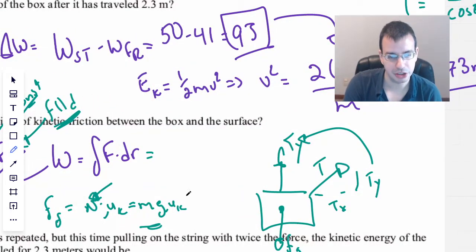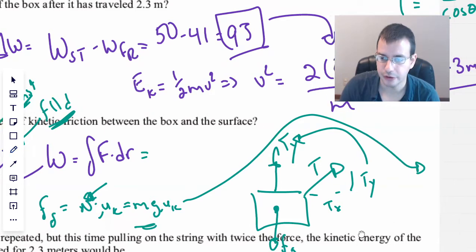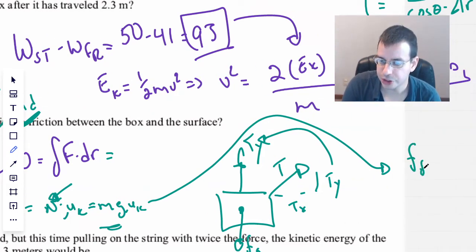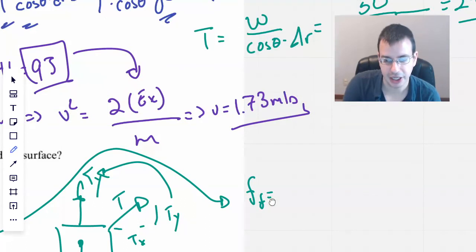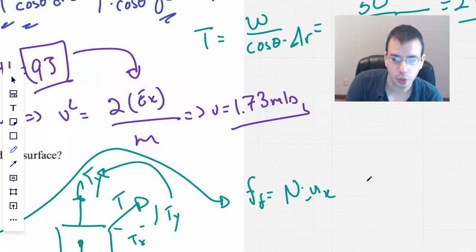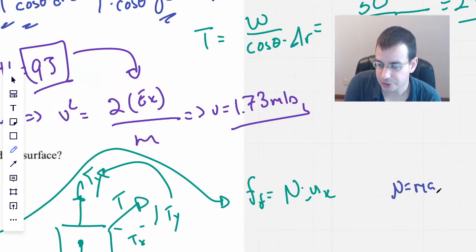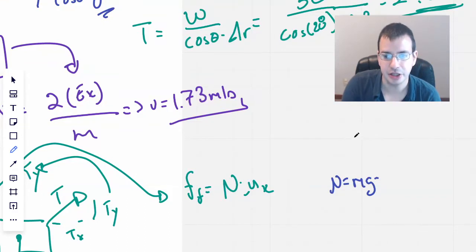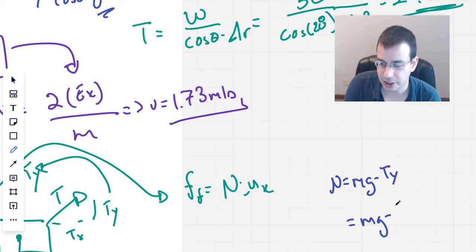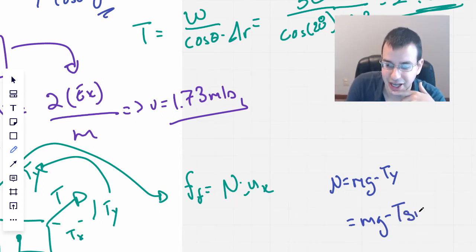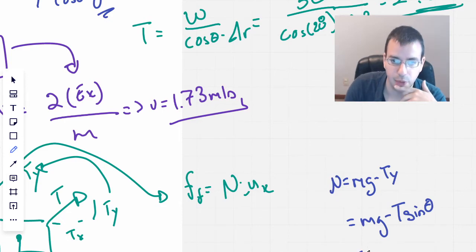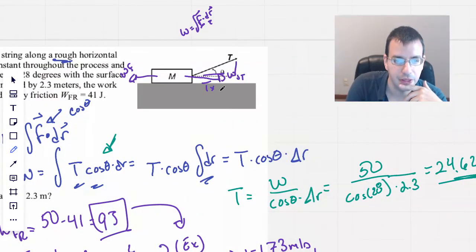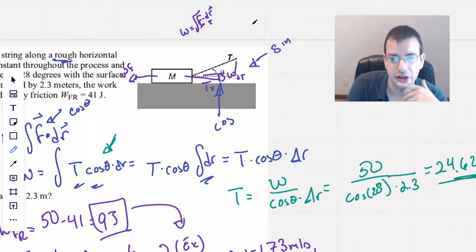So I'm going to look at it this way, over here. Force friction equals normal force times coefficient of friction, where normal force will equal mass times gravity minus tension in the y direction. Now tension in the y direction is going to be the main tension times sine of theta, because if we look at our triangle up here, this side is cosine, that one is sine.